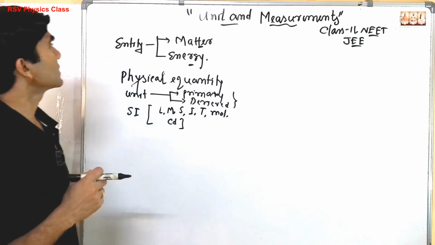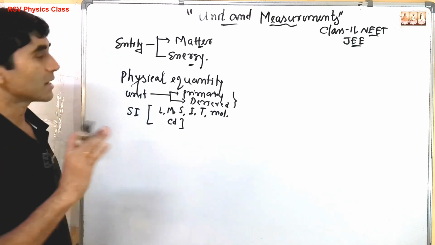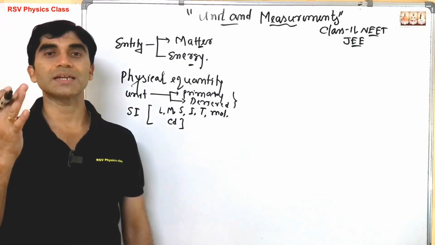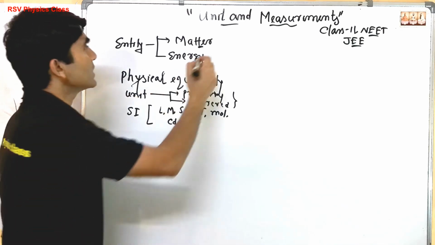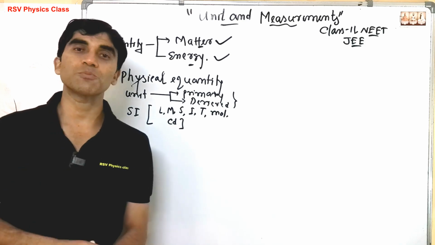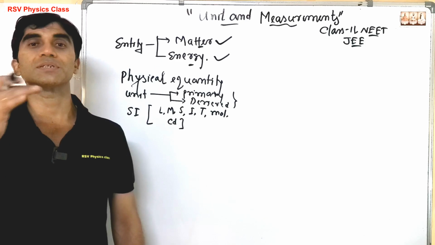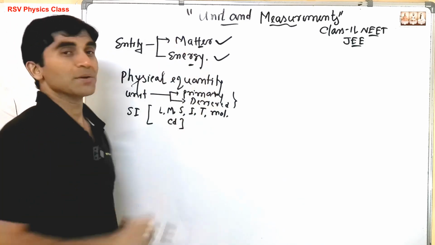Okay, so let's discuss physical quantity. According to classical physics, there are two types of entity: one is matter and another is energy. So there are different types of conservation, meaning conservation of matter and conservation of energy.